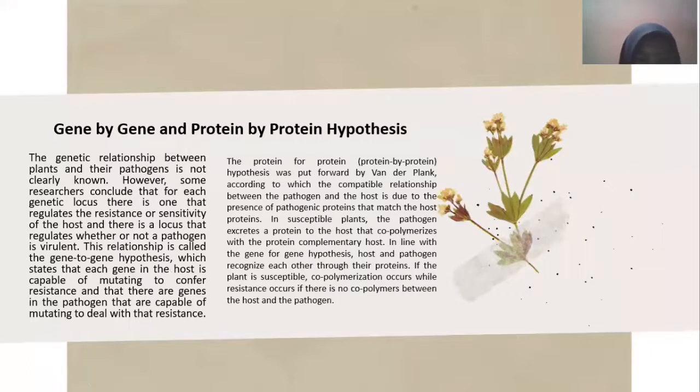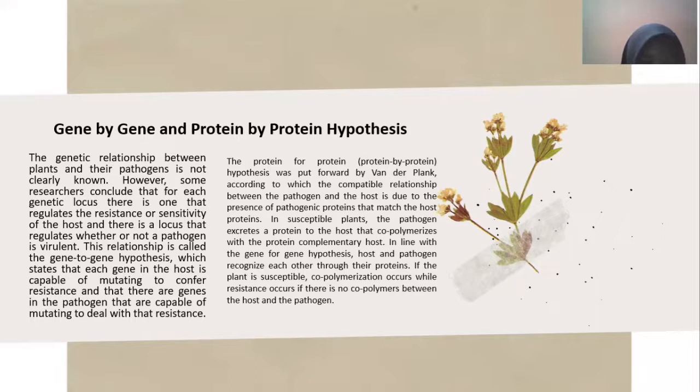Gene by gene and protein by protein hypothesis. The genetic relationship between plants and their pathogens is not clearly known. However, some researchers conclude that for each genetic locus, there is one that regulates the resistance or sensitivity of the host, and there is a locus that regulates whether or not a pathogen is virulent.